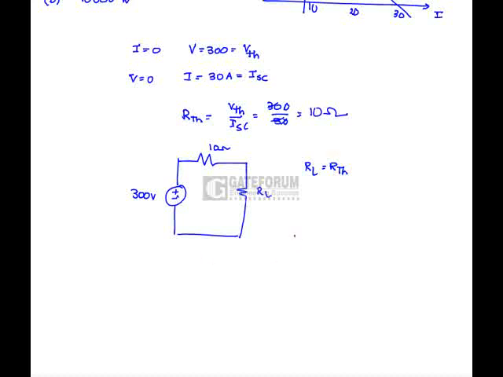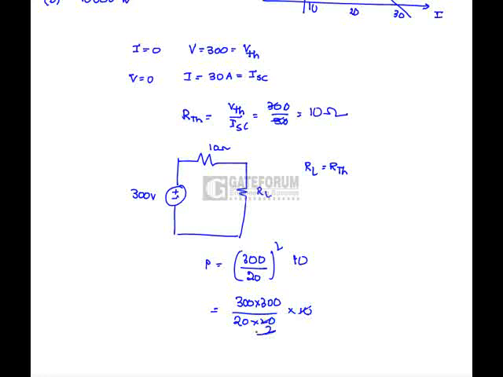So the power dissipation across the load resistor is the current, 300 divided by 20, squared, into RL, which is 10 ohms. So 300 into 300 divided by 20 into 20 into 10.